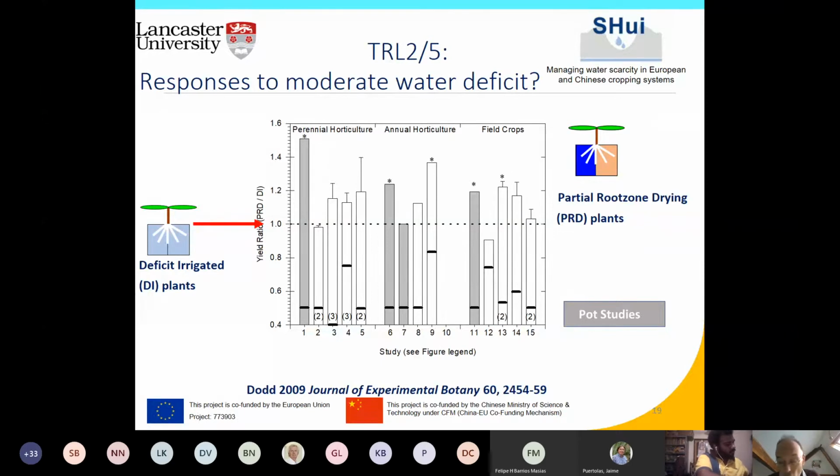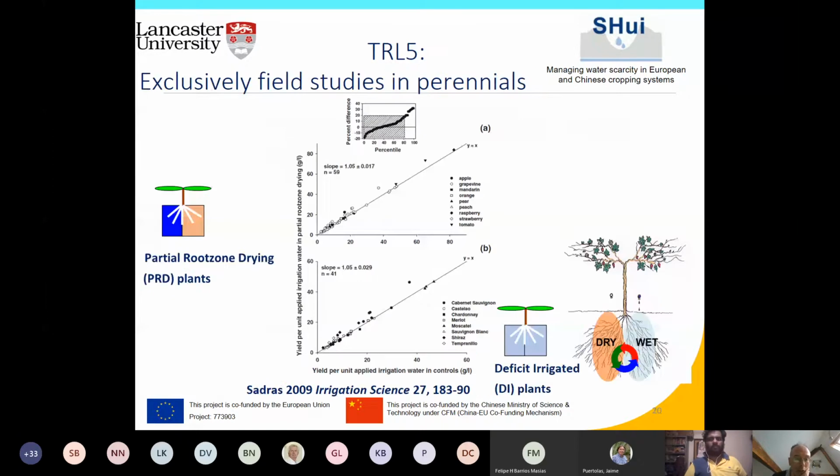Now, at about the same time, a much more substantial meta-analysis appeared in the literature by Victor Sadras, who'd been working in CSIRO in Adelaide, comparing partial root zone drying with deficit irrigated plants. And we've got studies from different grapevine varieties at the bottom, but also a whole range of perennial tree crops here.